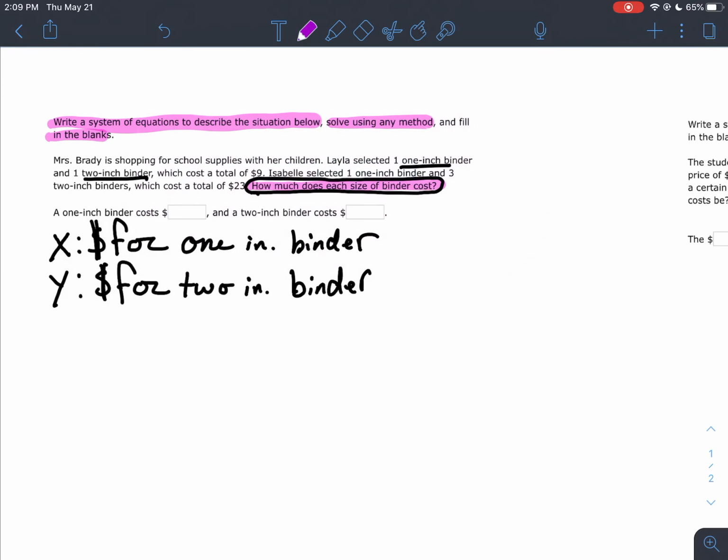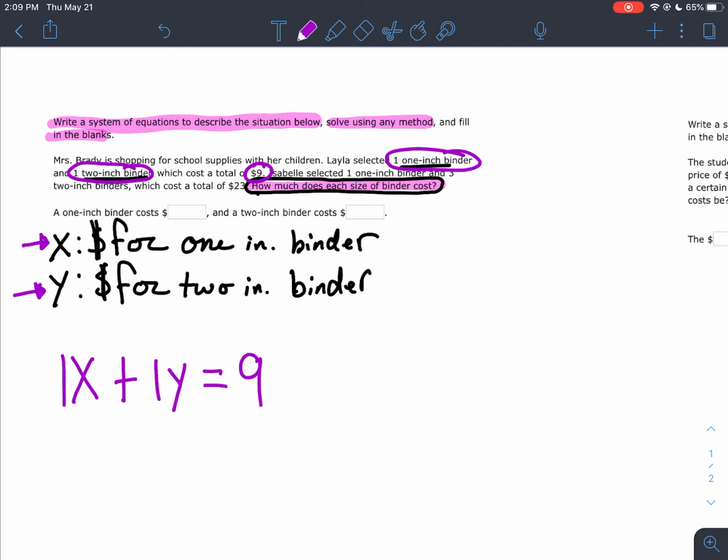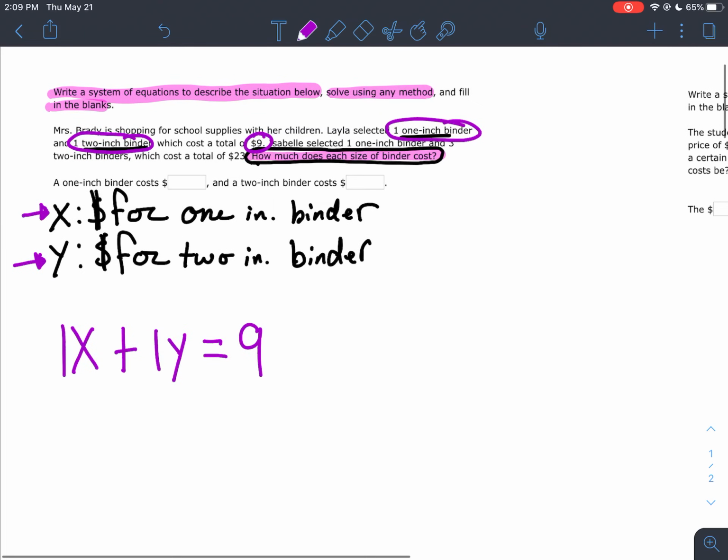Let's look at Layla first. Layla has one 1-inch binder and one 2-inch binder. So Layla has one x and one y. So we can total up the cost of this by saying the cost for one x plus the cost for one y is $9. So we know that that's going to equal 9.